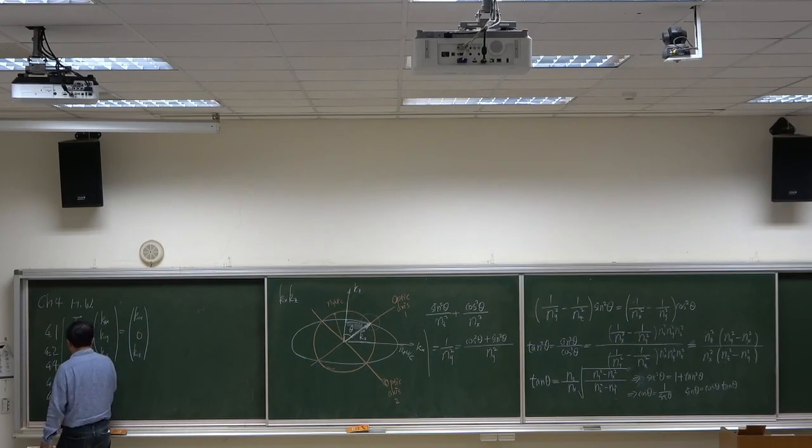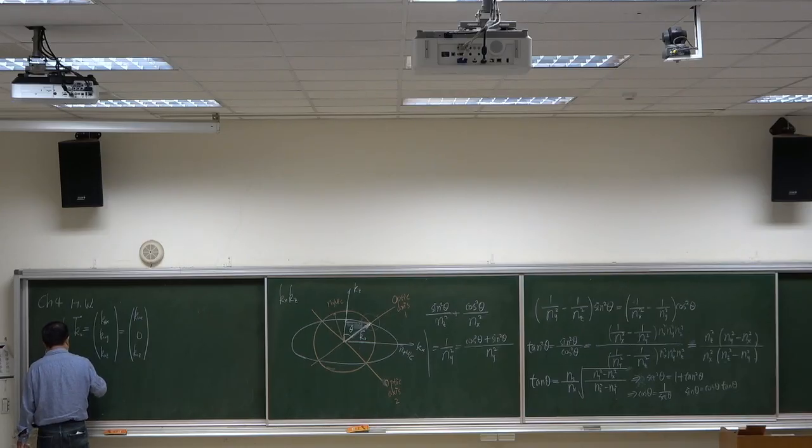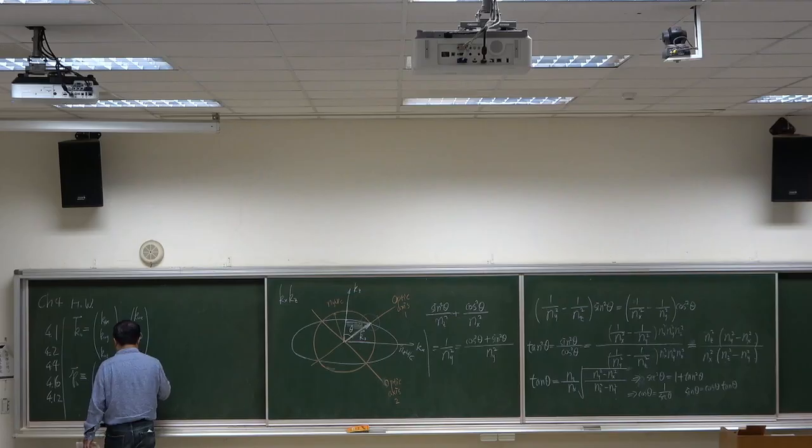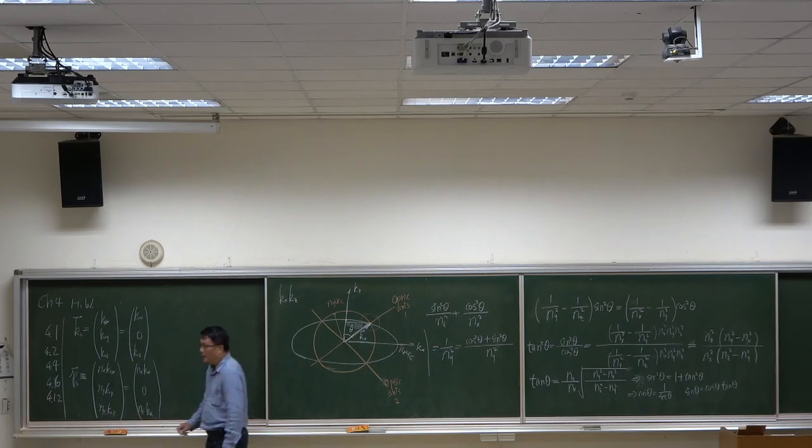And now I define P0. I define P0 as nx times K0x, ny times K0y, and nz times K0z, which is this. Okay.